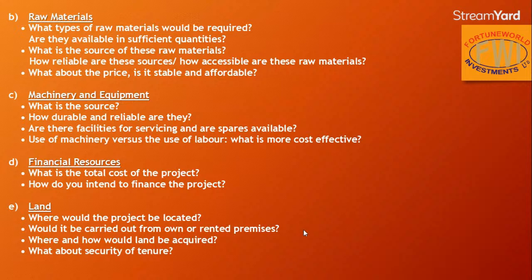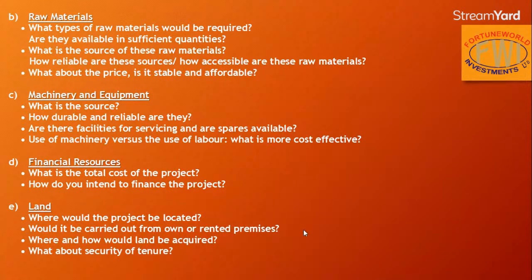So you are itemizing those things, and you want to come up with what the total cost of the project is. When you establish the total cost, for example, that small processing plant of that cooperative is going to cost you 150,000 kwacha to set up.